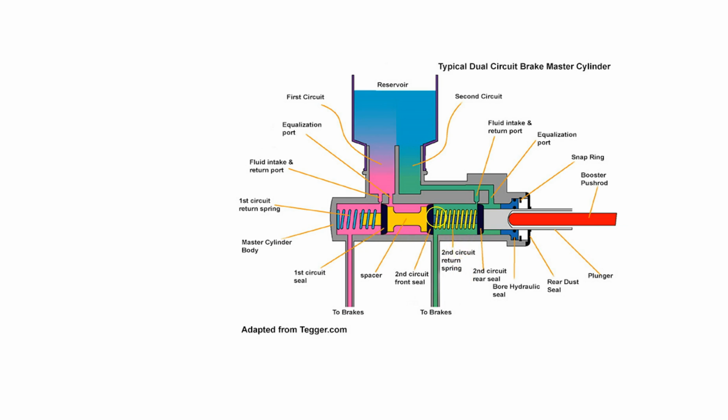You can see that there's springs inside here, and this part here and this part, these are the pistons. We have the springs. We also have these lip seals right here. Those lip seals actually expand when you put pressure on the hydraulic system. So, secondary circuit at the back, primary circuit at the front.